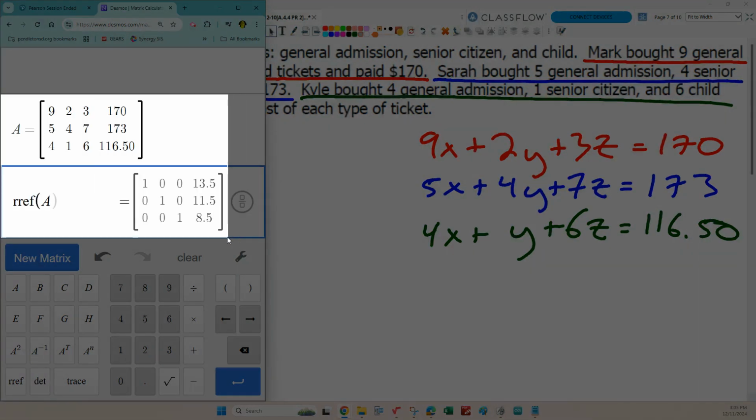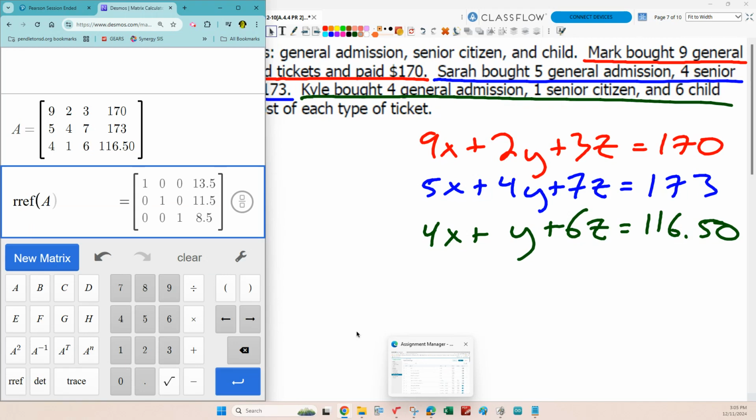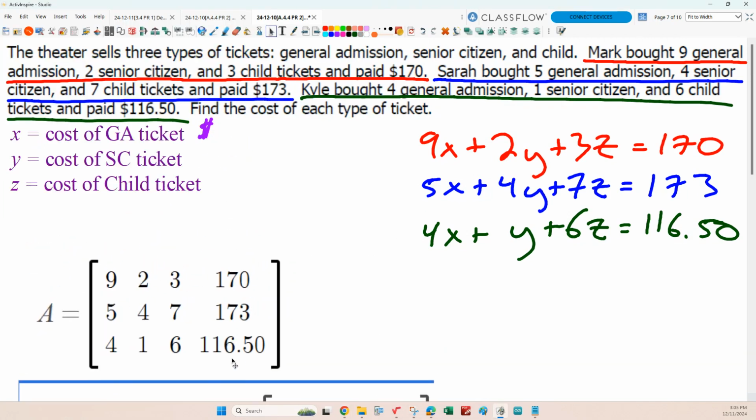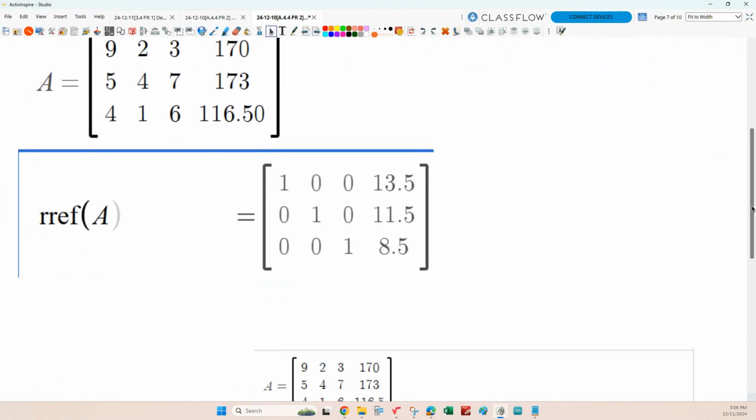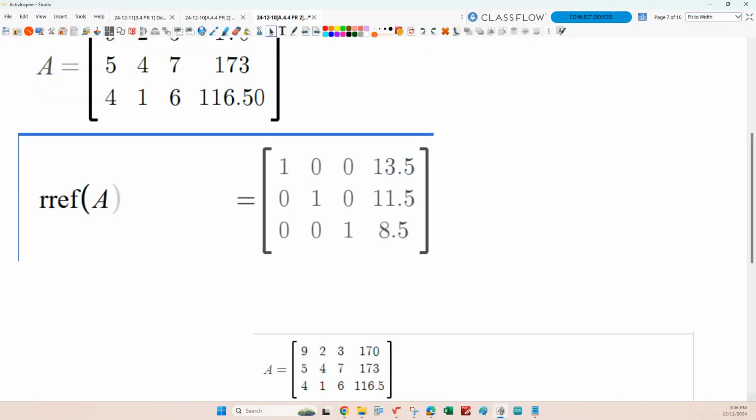Okay, so based on the output of that matrix, what is that telling me? There you go, right? So that's telling me that's X, right? So that's telling me GA cost equals 1350.